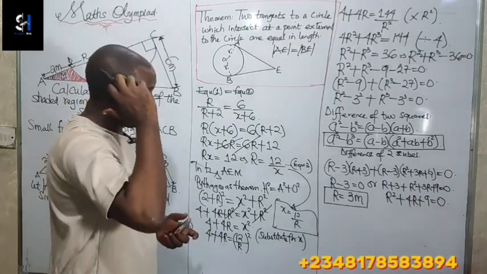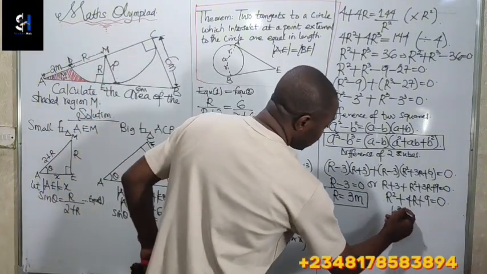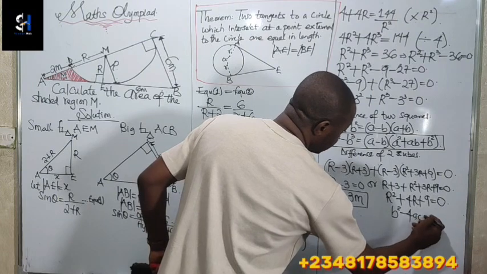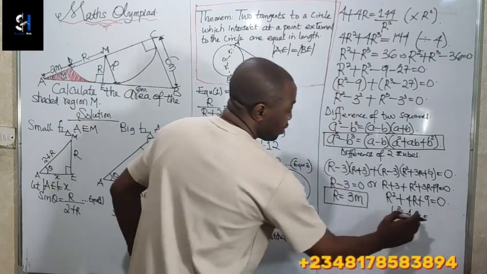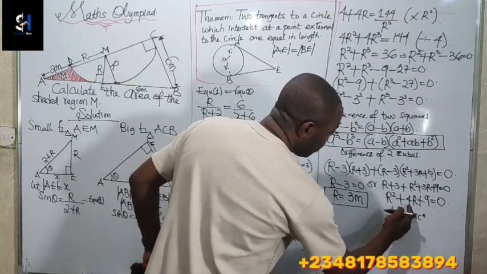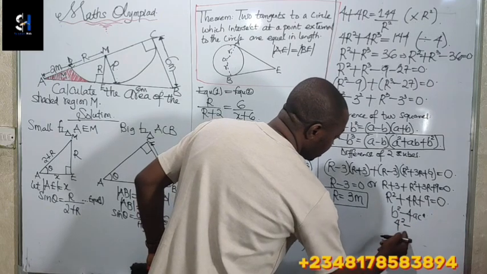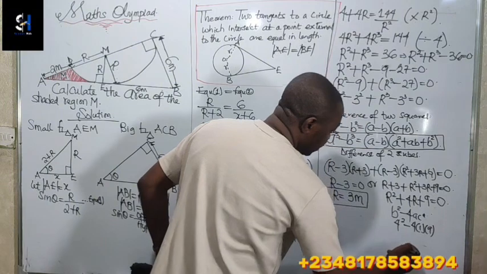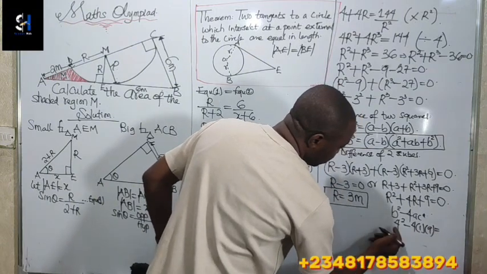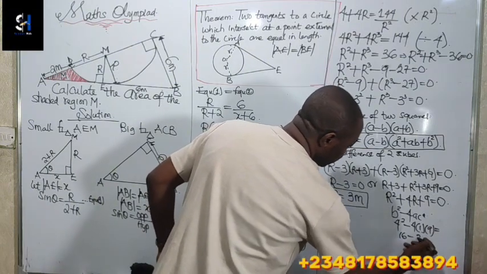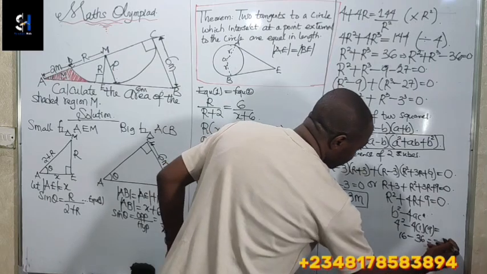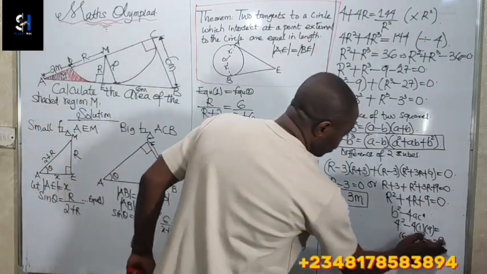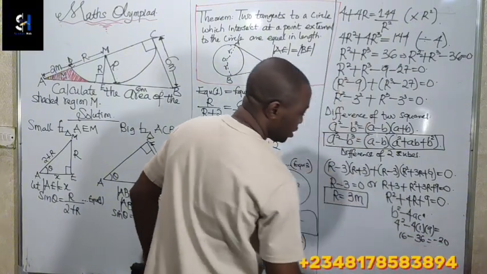For instance, we use b squared minus 4ac. Now b is 4, so 4 squared minus 4 times 1 times 9. This is 16 minus 36, which will be negative 20.